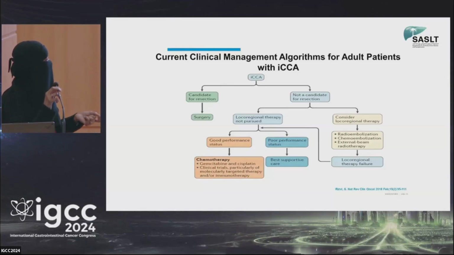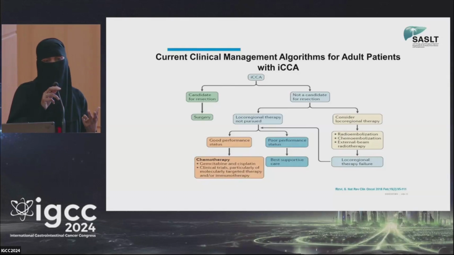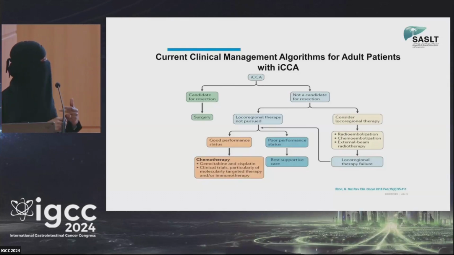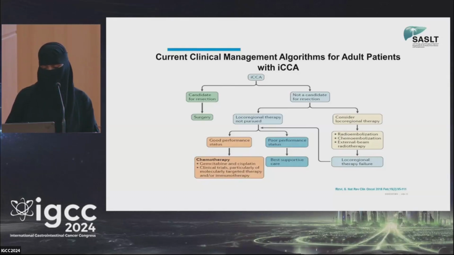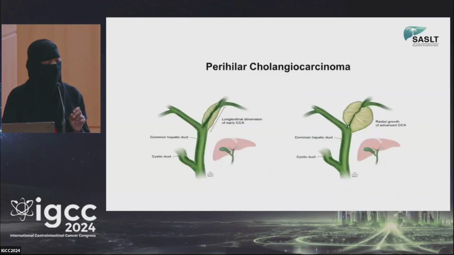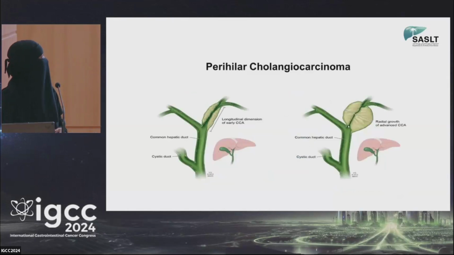If the patient is physically unstable and his status is very poor, he would go only for supportive management. If the patient is not a candidate for local regional therapy, we could go for chemotherapy, immunotherapy, and radiotherapy in some patients. All those are not so promising until now, but we will come to some of the immunotherapy.